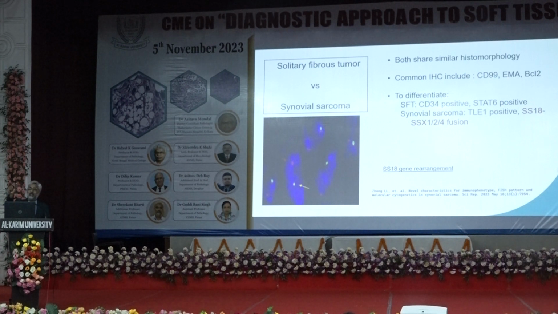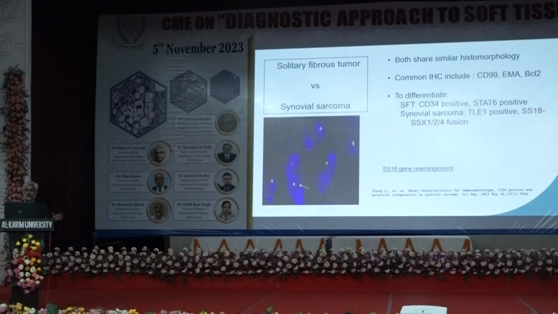On the long arm there was a gene, I made it green. On the short arm there was a gene, I made it red. If these two genes have fused, then red and green will fuse, and it will produce a yellow signal. So at certain points, you have to detect a yellow signal, and then you say that these targeted genes, which were earlier labeled with green and red fluorochromes, have turned yellow. There is a fusion, and this is diagnostic.